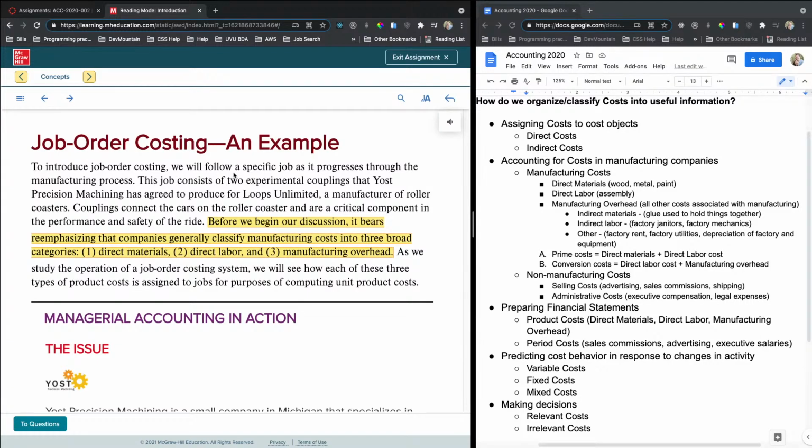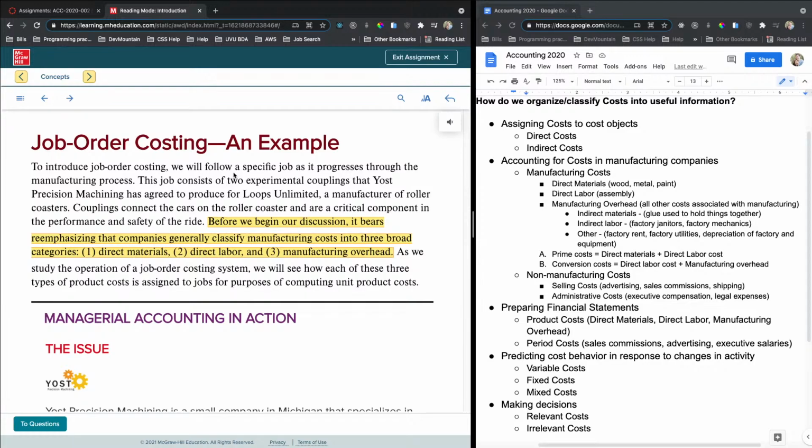Job order costing, an example. To introduce job order costing, we will follow a specific job as it progresses through the manufacturing process. This job consists of two experimental couplings that Yost Precision Machining has agreed to produce for Loops Unlimited, a manufacturer of roller coasters.